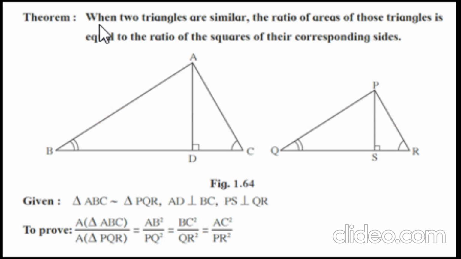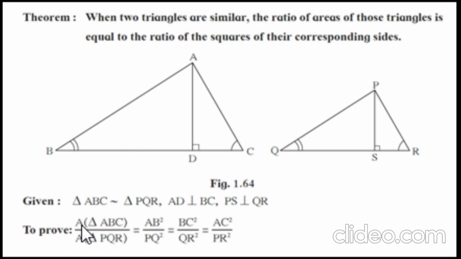This theorem says when two triangles are similar, the ratio of the areas of those triangles is equal to the ratio of the squares of their corresponding sides. So if these two triangles ABC and PQR are similar, then the ratio of their areas is equal to the ratio of the squares of the corresponding sides.